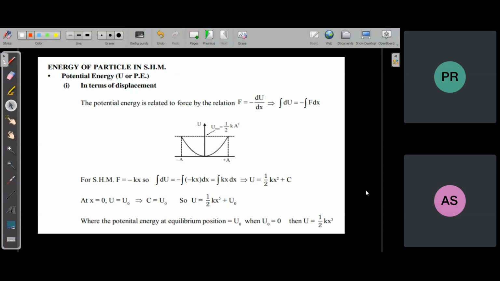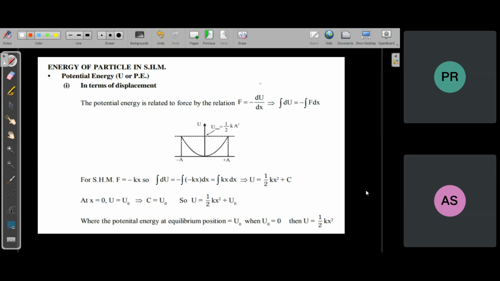It proves that the particle is in stable equilibrium at the mean position. Now, you know that potential energy is always defined for a conservative force. And here the restoring force acting on the particle must be a conservative force, because only then will there be a potential energy associated with it.